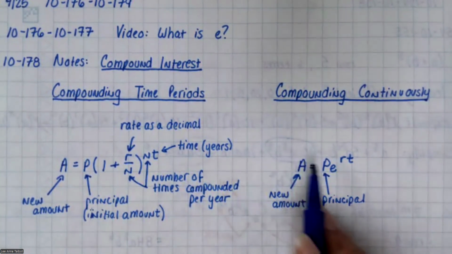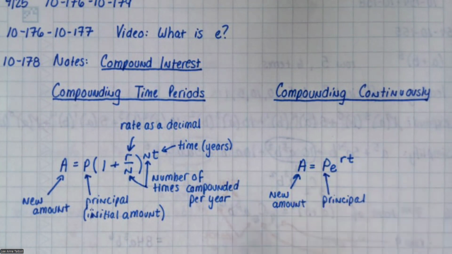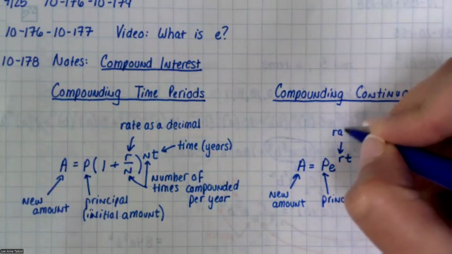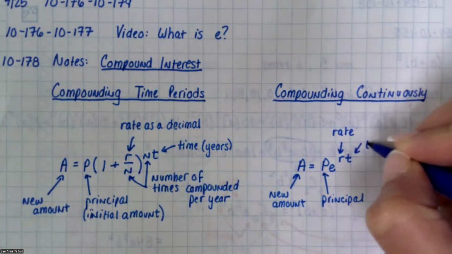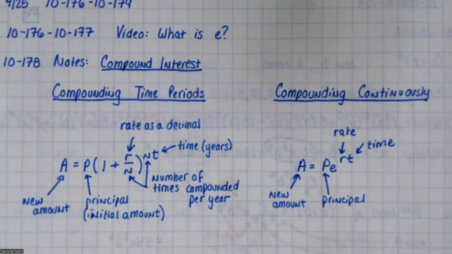Now e is not a variable. e is a number. It's about 2.71828. So this is not a variable. It's just a number. It's a fancy number like pi. And if you go on your calculator, there's an e button. It's over in the log section because that's where it belongs.